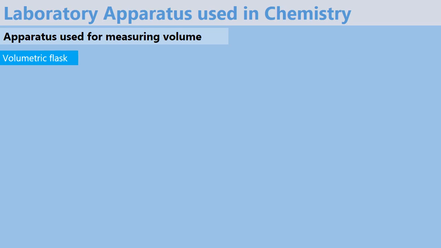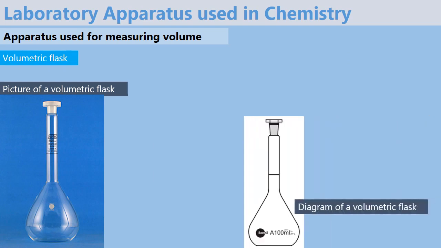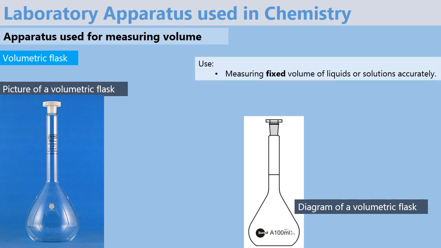Next we have the volumetric flask. Here is a nice picture of a volumetric flask and the diagram. A volumetric flask is used to measure fixed volume of liquids accurately.